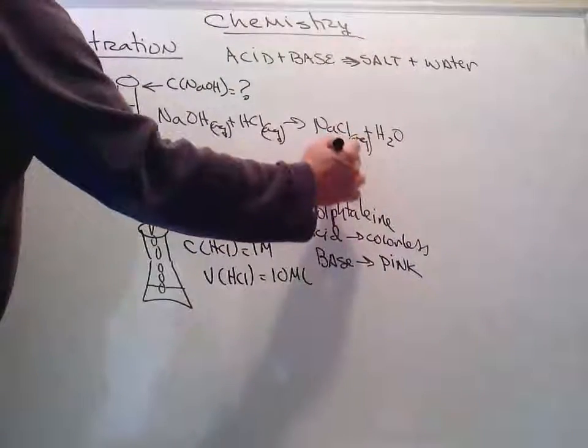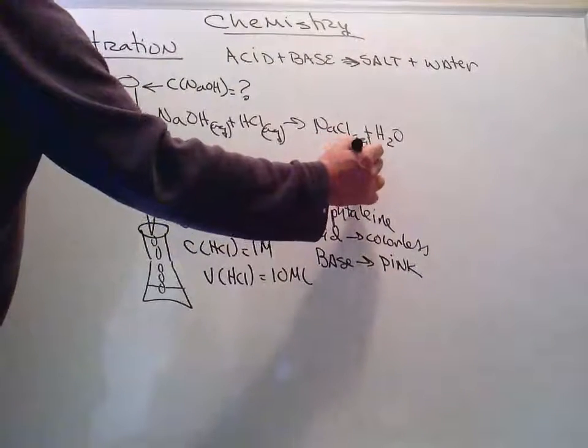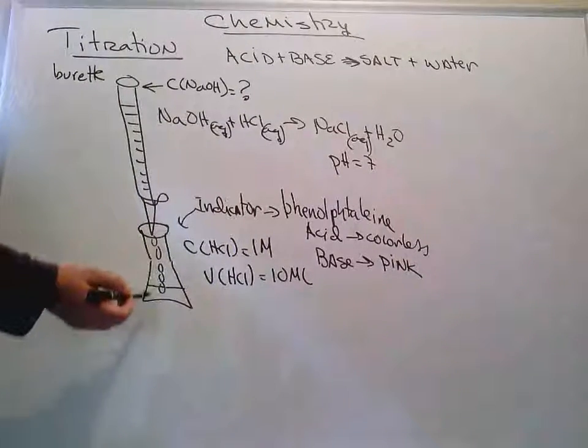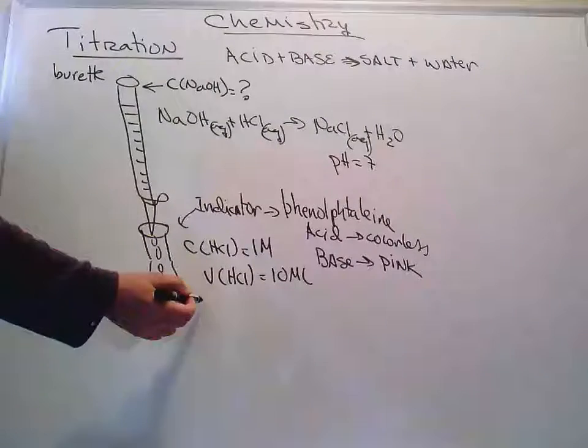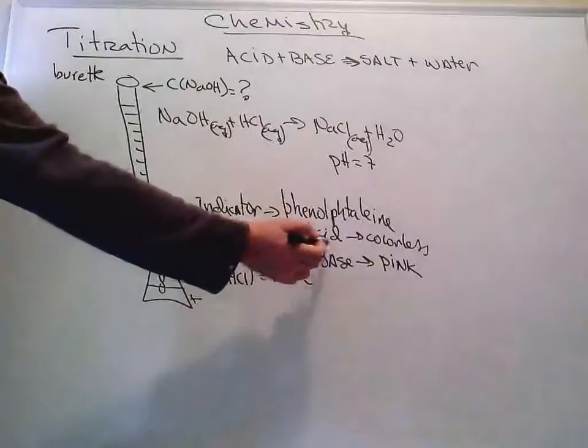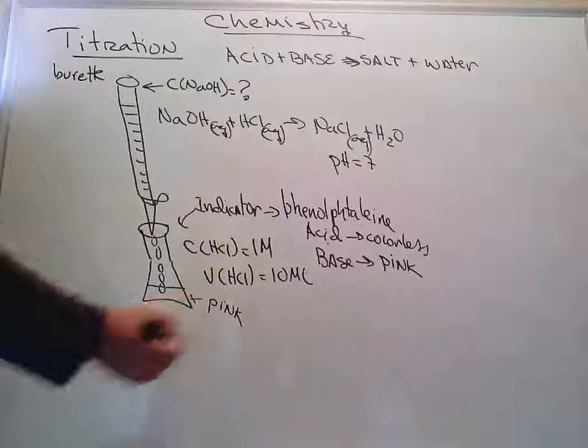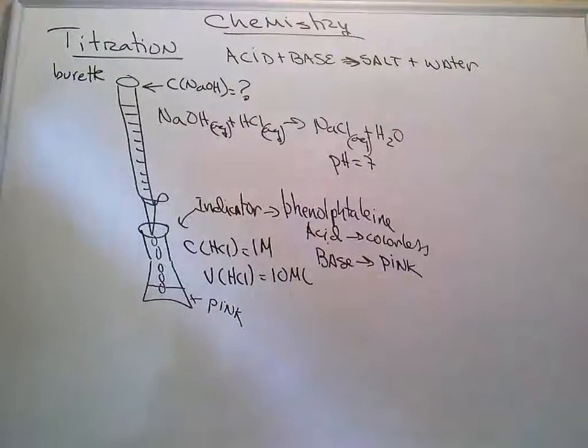The pH resulting from this will be 7 because it's a neutralization reaction. So I keep adding the solution until this solution turns from colorless, in acidic medium, to a pink or salmon color, depending on your skill, how you perform the titration.